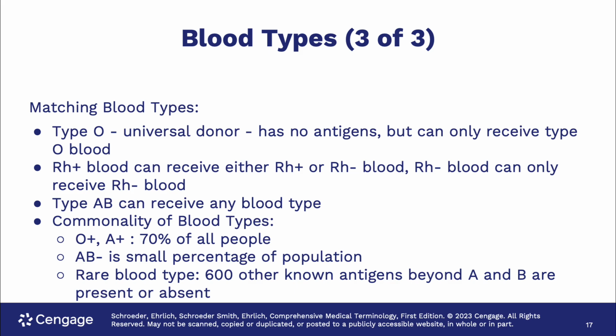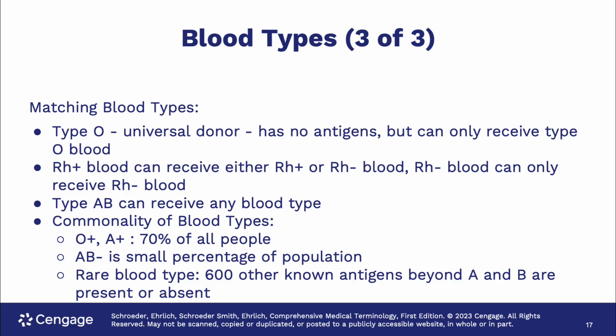And the commonality of these, if you look at O positive and A positive, that's 70% of all people. My grandmother was AB negative, and that's a very rare blood type. And she had to be very careful and make sure that the local hospital, which was in the Upper Peninsula, had a blood supply in case she ended up having issues.